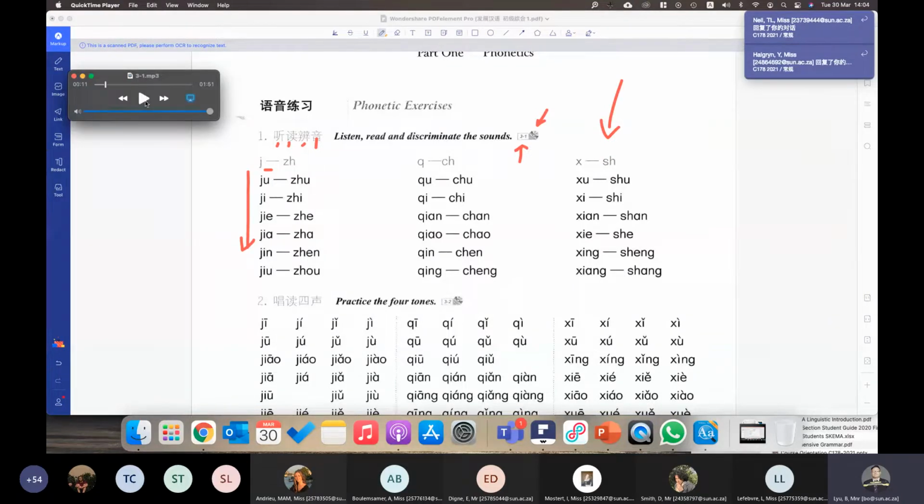Repeat after the sound. 学习语音，语音练习。 1. 听读变音。鸡、 鸡 知 read 知 居、 居 猪、 猪 鸡、 鸡 知、 知 接、 接 遮、 遮 加、 read them out loud.